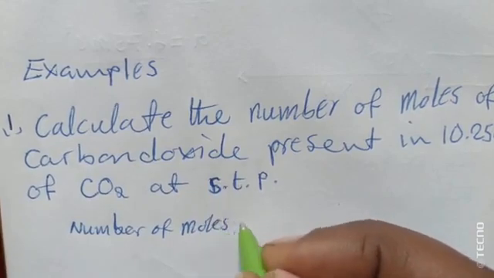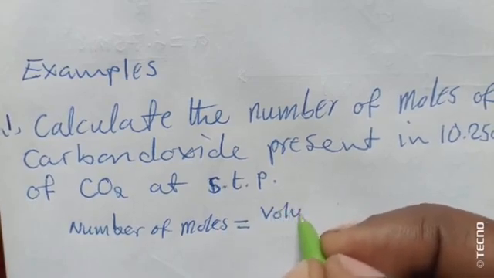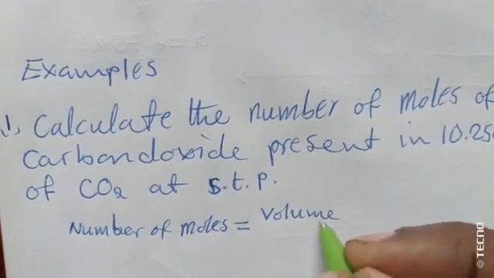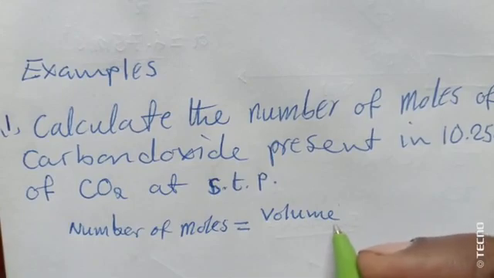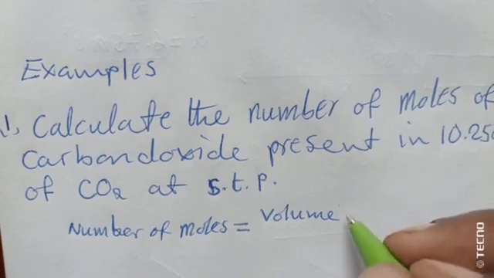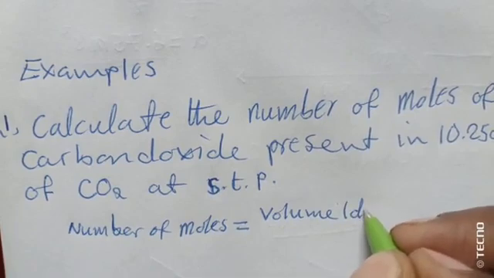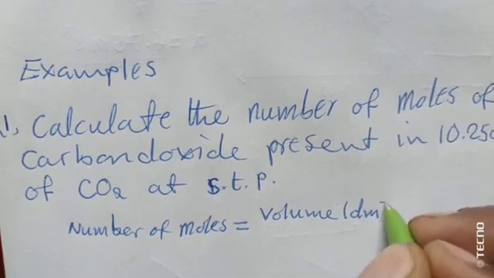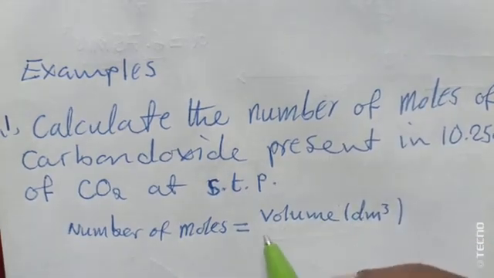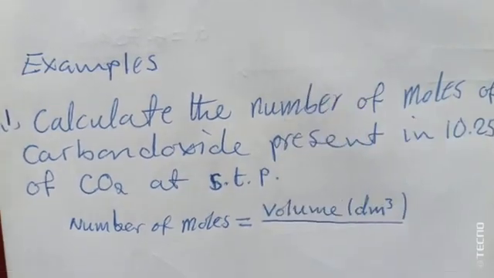The number of moles is equal to volume. So this is the volume that you'll be given, or the volume that they may ask you to calculate. In this case it is in decimeter cube, because of the molar volume.